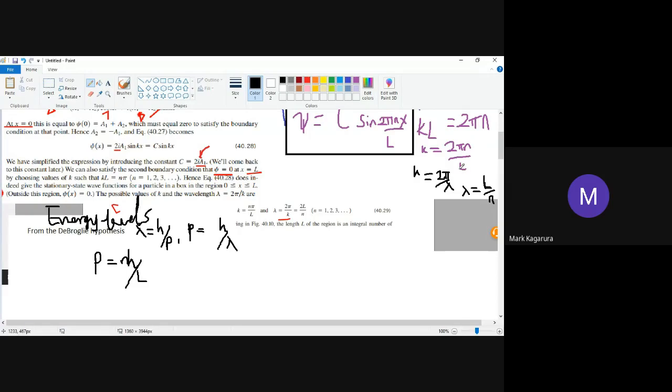Okay, for some of the texts where they just give k as 1 over L, 1 over lambda, you'll have a 2 somewhere.